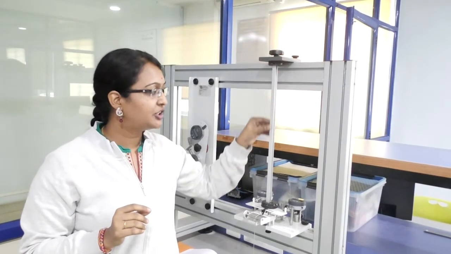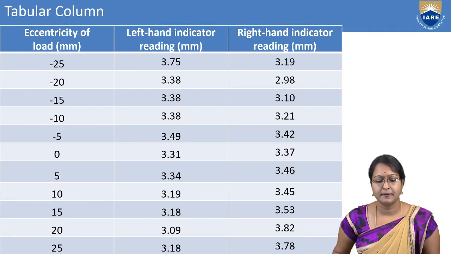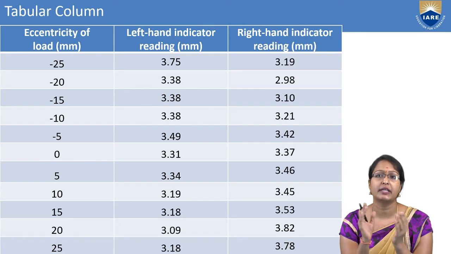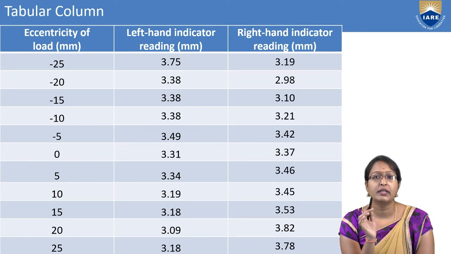By that we plot a graph and get the required plot, where the particular point noted is the shear center for a closed section. These are the values that we are going to get from the left indicator and the right indicator, and how the eccentricity of load is given.